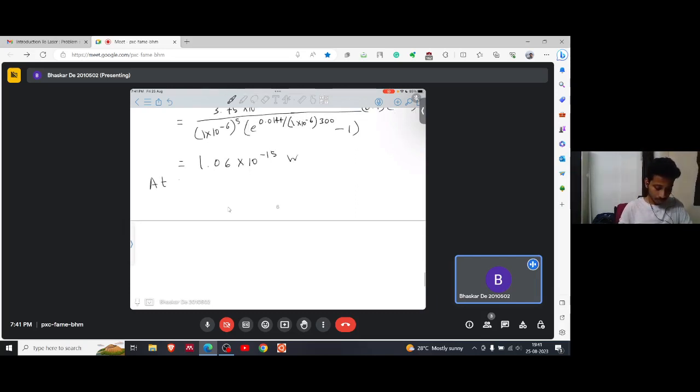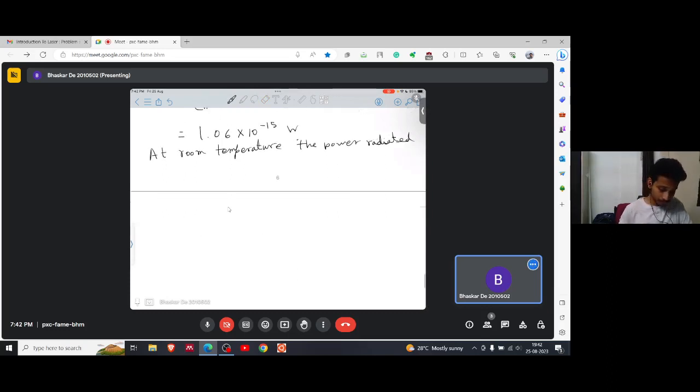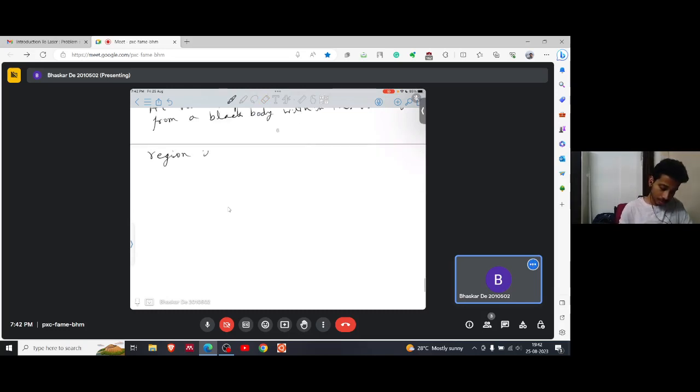So at room temperature, the power radiated from a black body within this wavelength region is too small to measure.